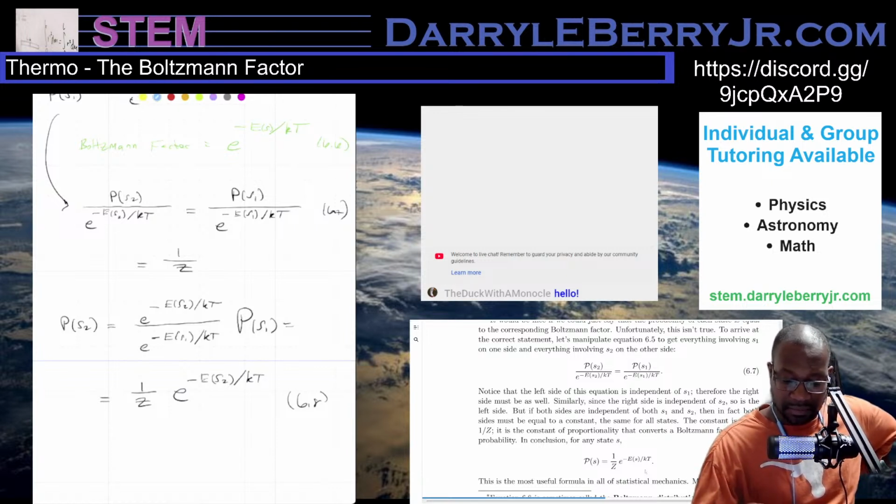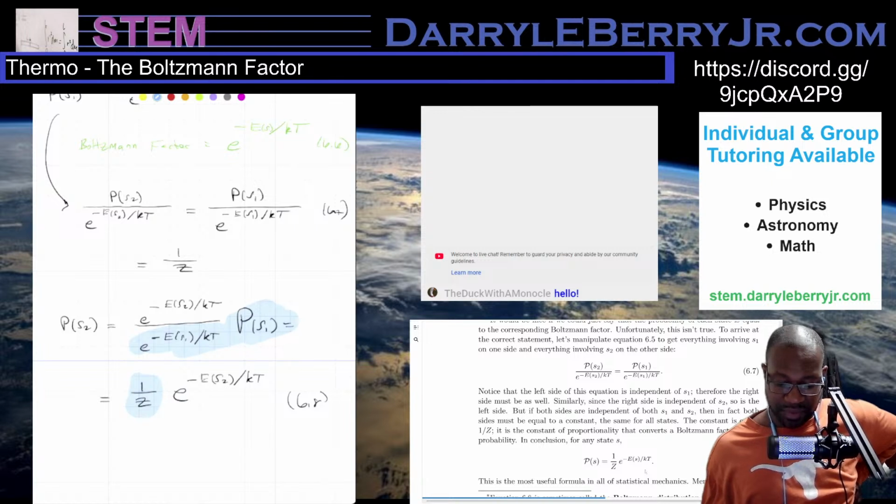So this and this together equals this, which we got from the previous problem.